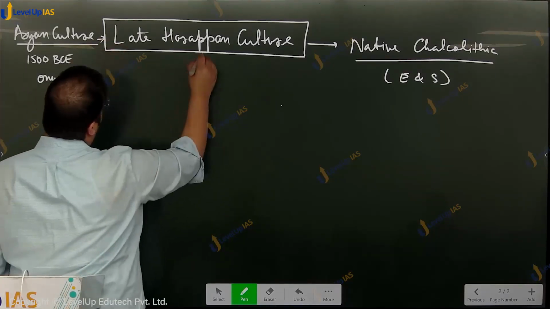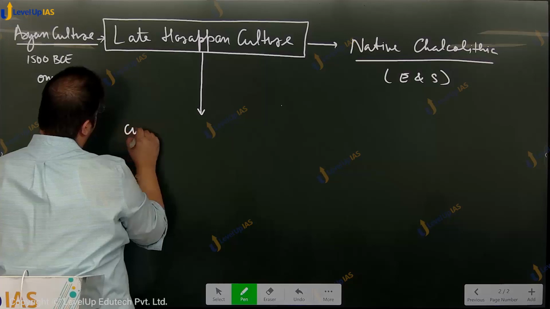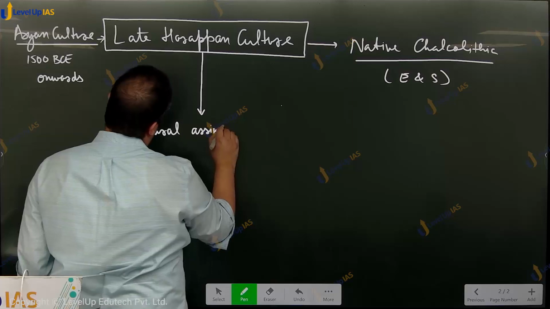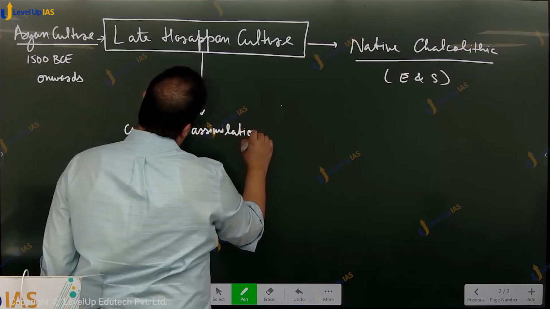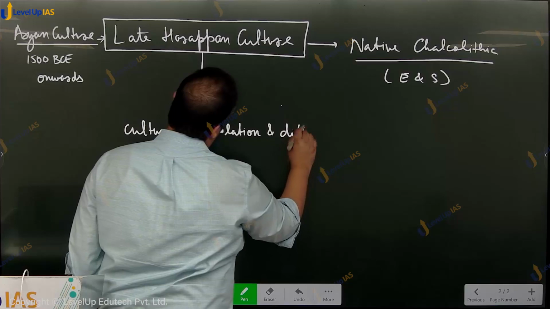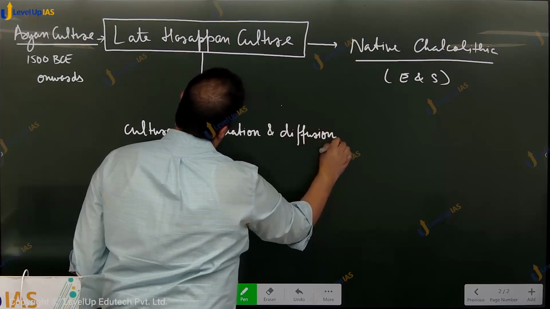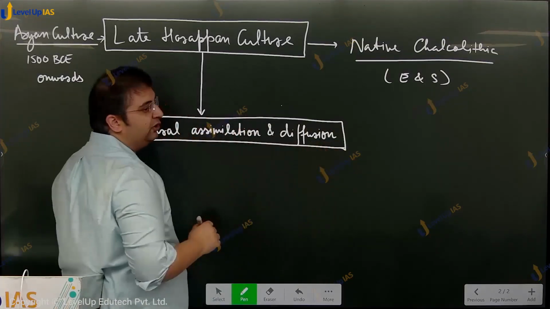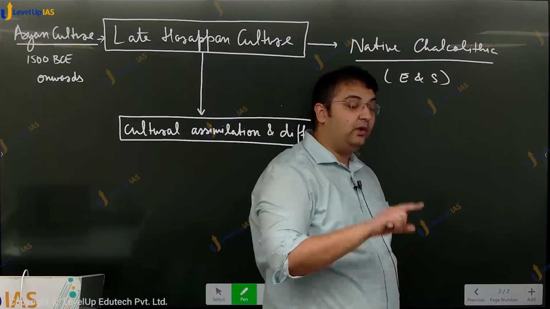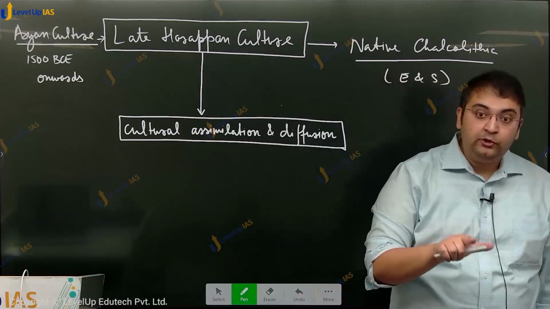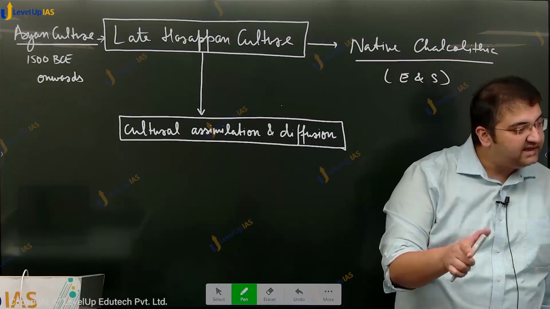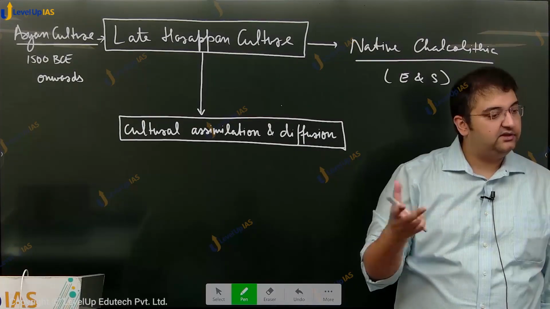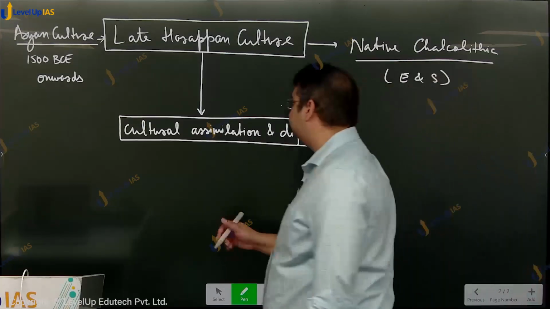Through the process of cultural assimilation and diffusion, what is going to happen? Are any of these three cultures going to be able to completely retain their original features? No. So they are going to lose their original features, but at the same time, a composite culture stretched across the subcontinent is going to emerge.